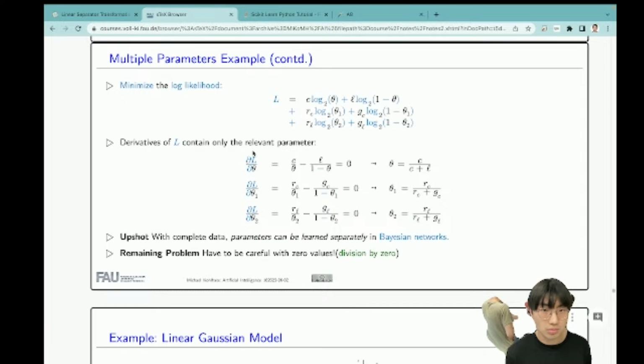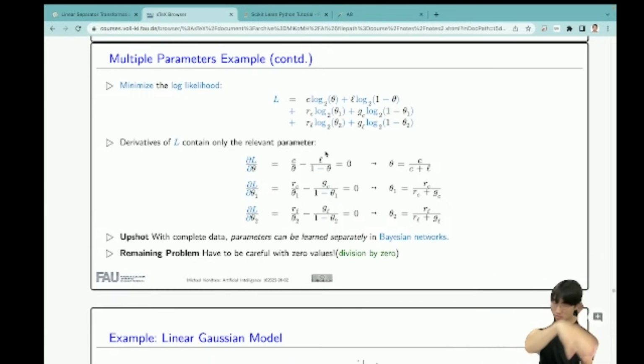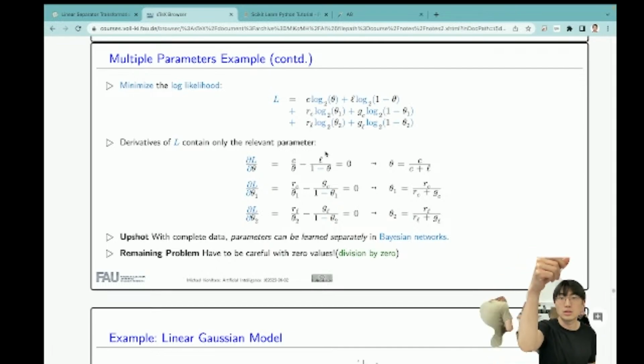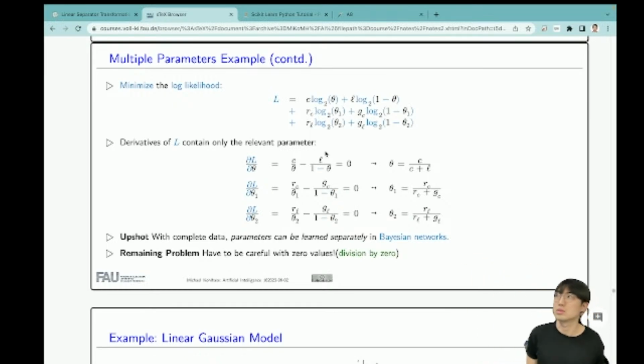They assume this is already the maximum, so they just set del L over del theta to 0, which means it's already the maximum point for each variable, I mean, each parameter, right?